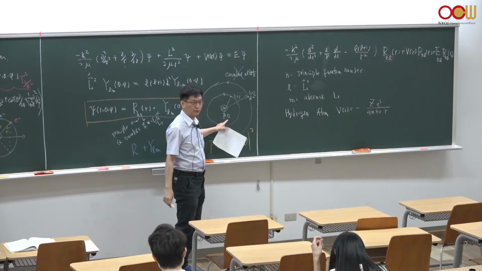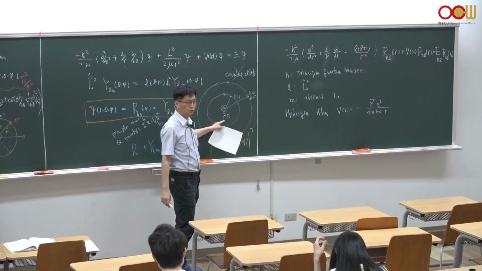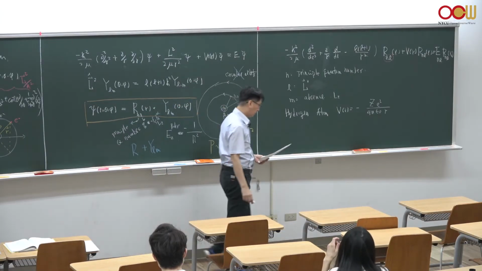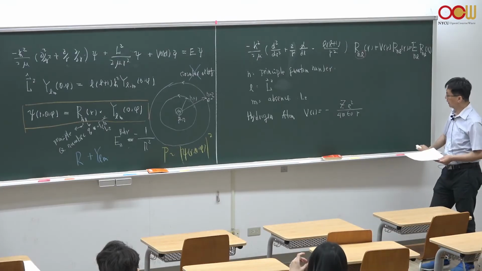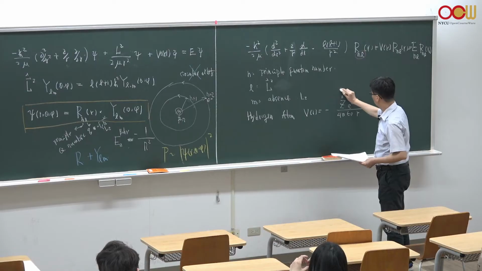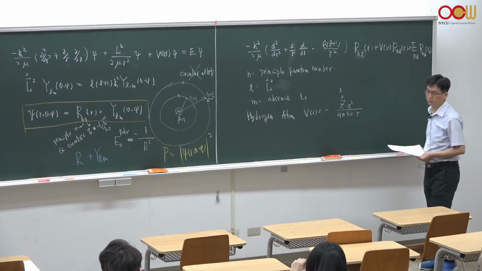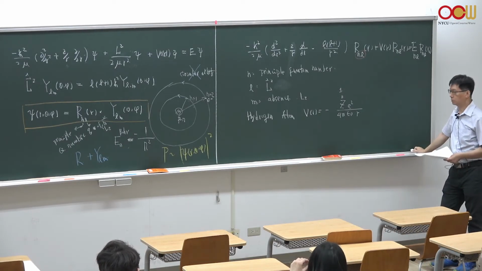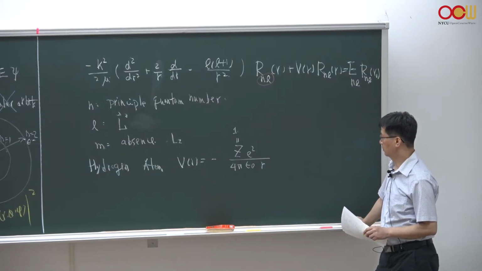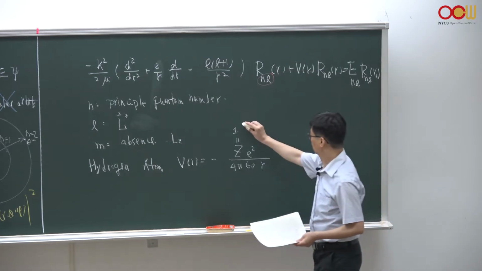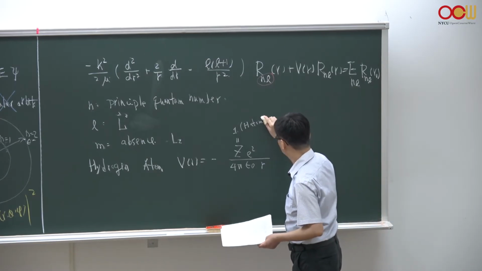A neutron carries no charge, it's charge neutral, but the proton carries positive charge with the same magnitude as the electron charge. So in the hydrogen atom, Z stands for the atomic number, which is 1, which means that there is one proton with charge Z, where Z is 1 for the hydrogen atom.